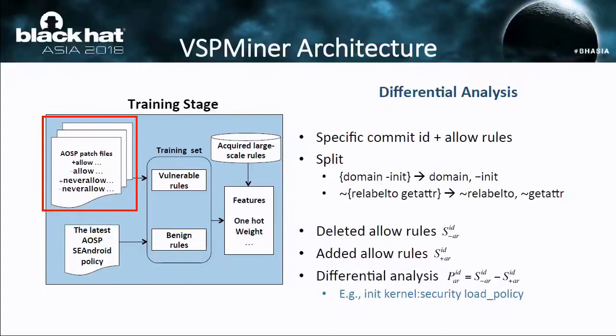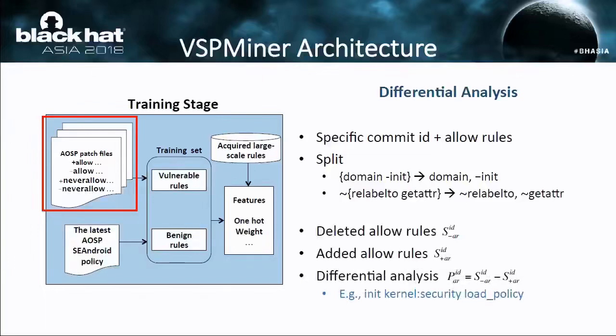So after this, for each commit ID, we can get a set of deleted allow rules, which we define as S-minus for that commit ID, and we can also get the added allow rules.